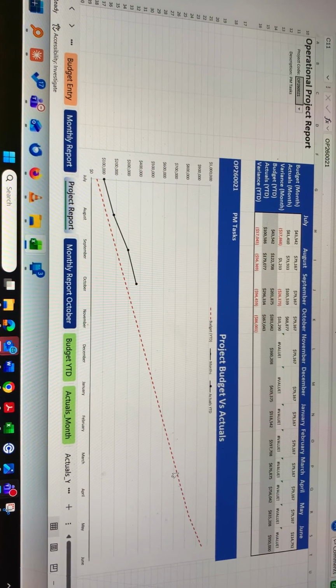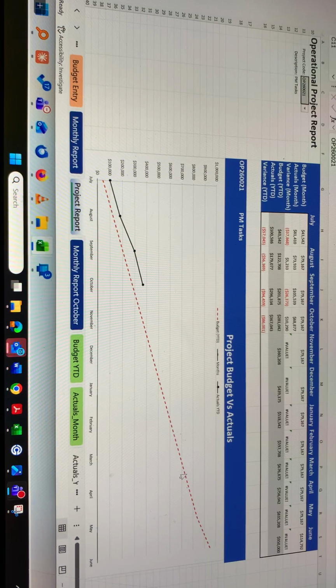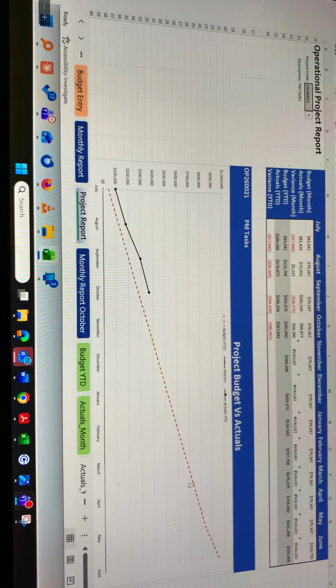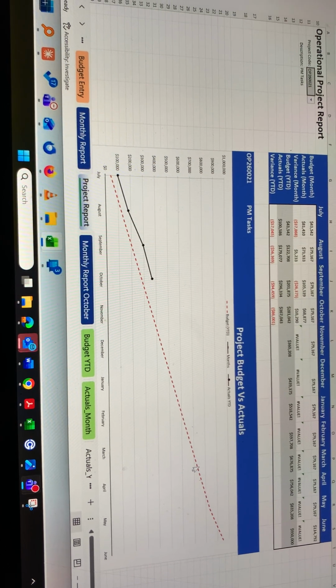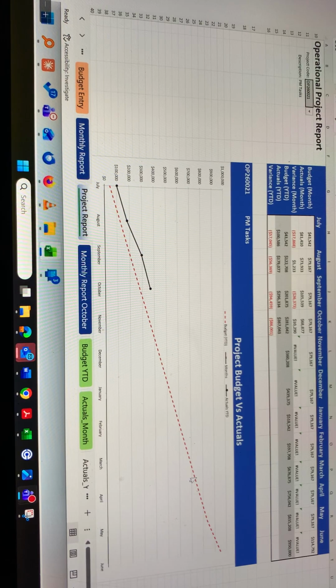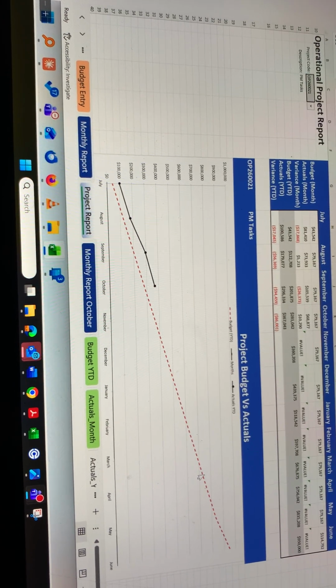For next year, is it worth separating out? Do we keep it all in the one project, or have separate projects? I think going forward, we need to separate PM tasks out into separate projects. Which projects?